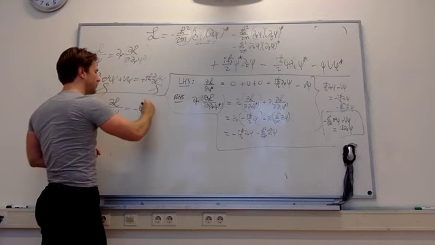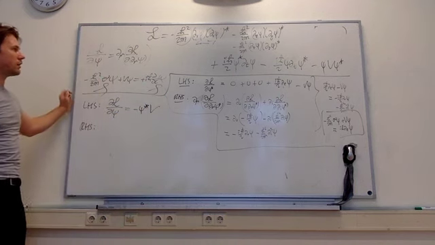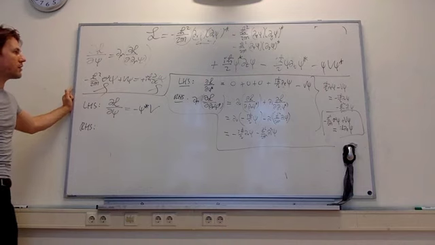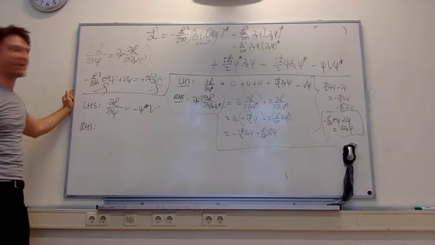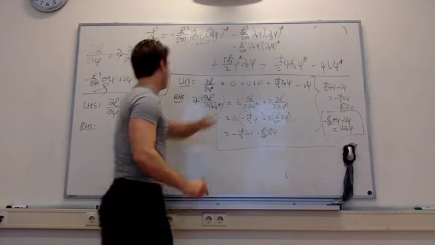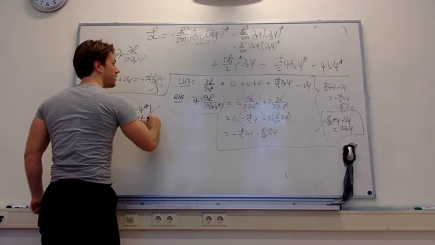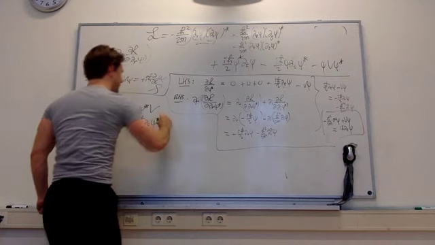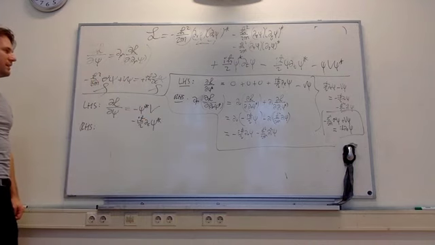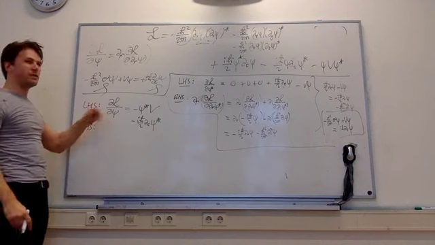But that's not all. There's another term in the Lagrangian that has psi's: the negative i h bar over 2, time derivative of the psi, psi star. That's it, yes? Alright, left hand side taken care of.